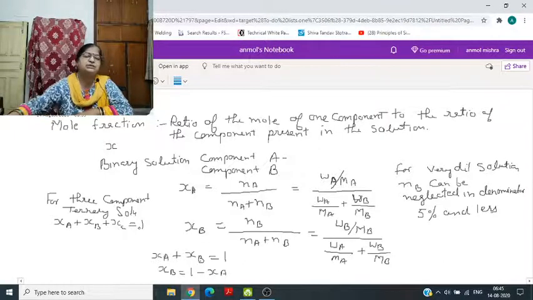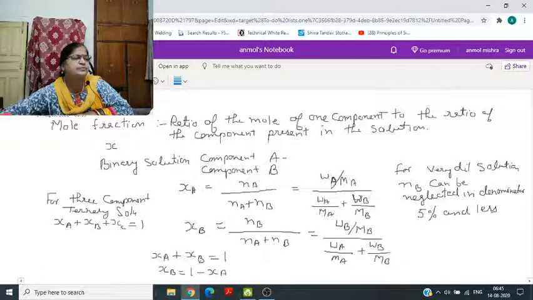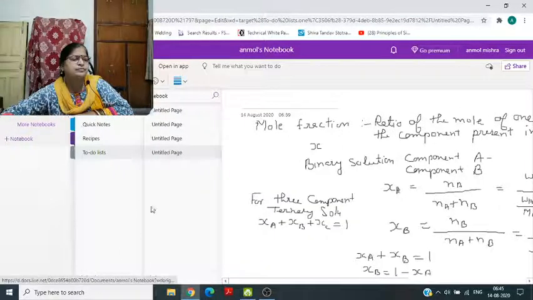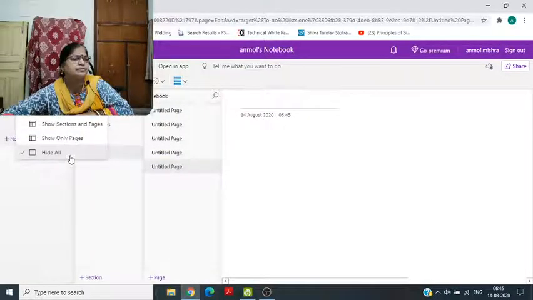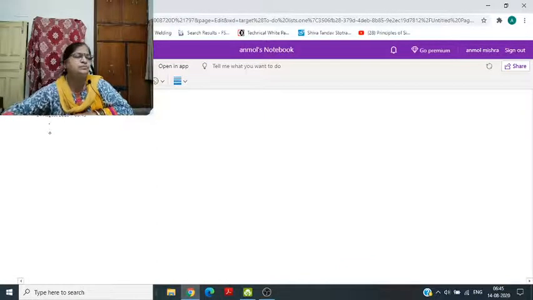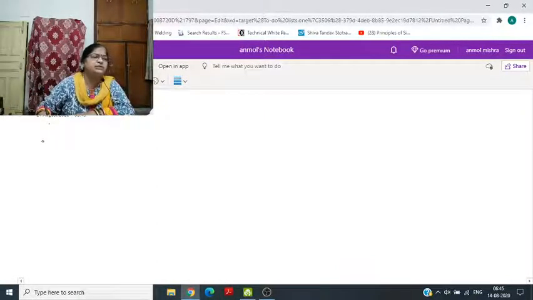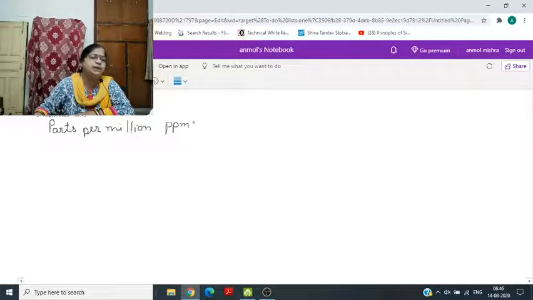Now next is parts per million. The next method of concentration is parts per million, in short we call it ppm.